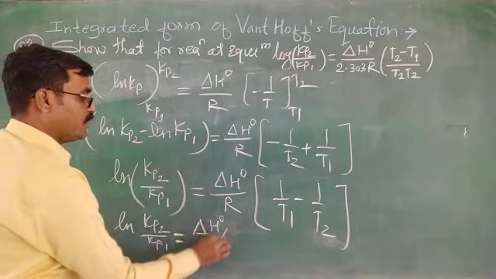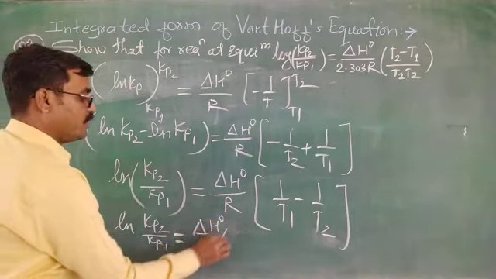You know the gas constant capital R. Put all these values of T1, T2, Kp1, Kp2 and calculate delta H0. Or if either Kp1 or Kp2 is given along with all the right-hand side terms, then calculate the other Kp. In this way we use Van't Hoff's equation and later its integrated forms.